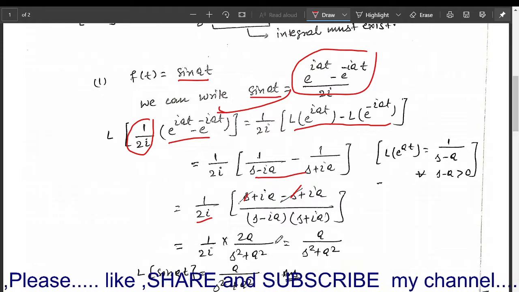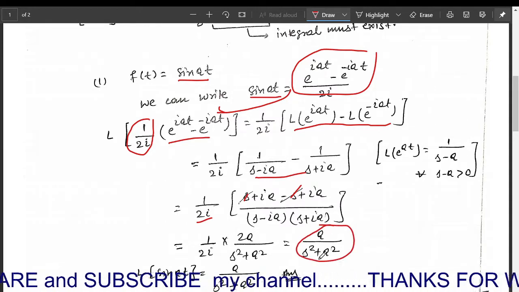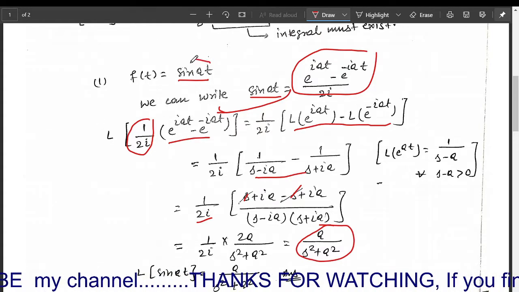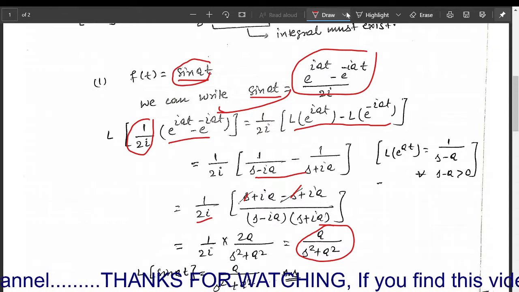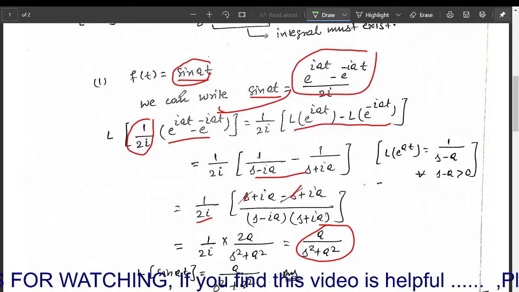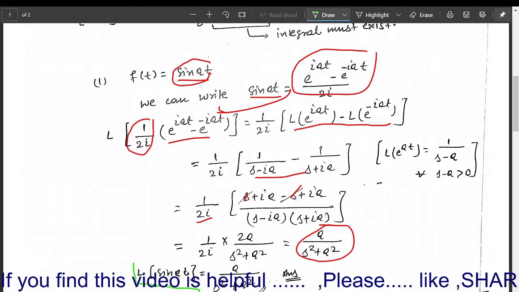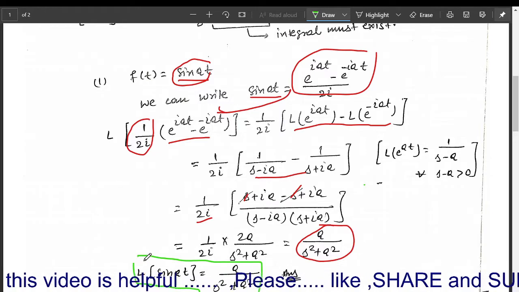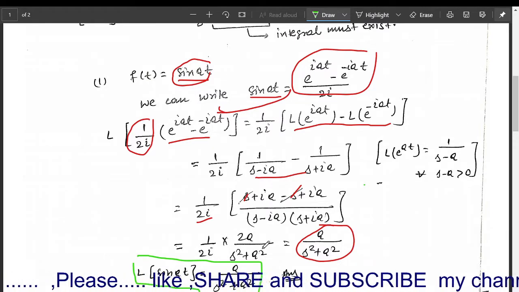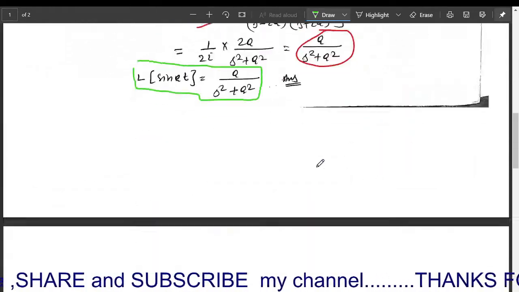Finally we get a upon s square plus a square. So the Laplace transform of f(t) equal to sin at is a upon s square plus a square. This is the Laplace transform for our first question.